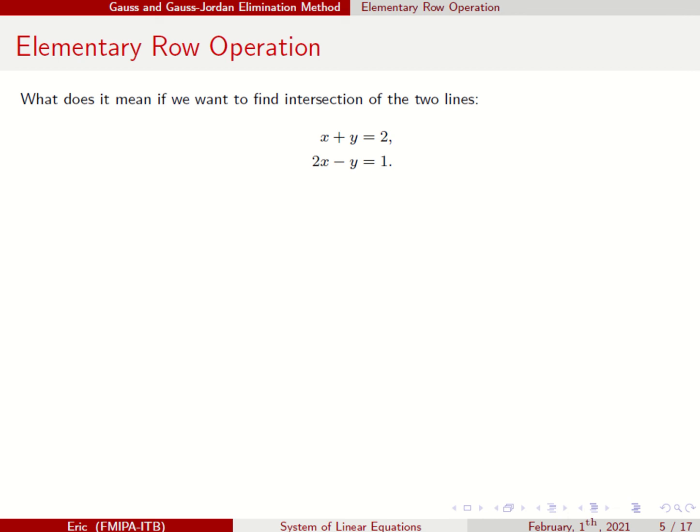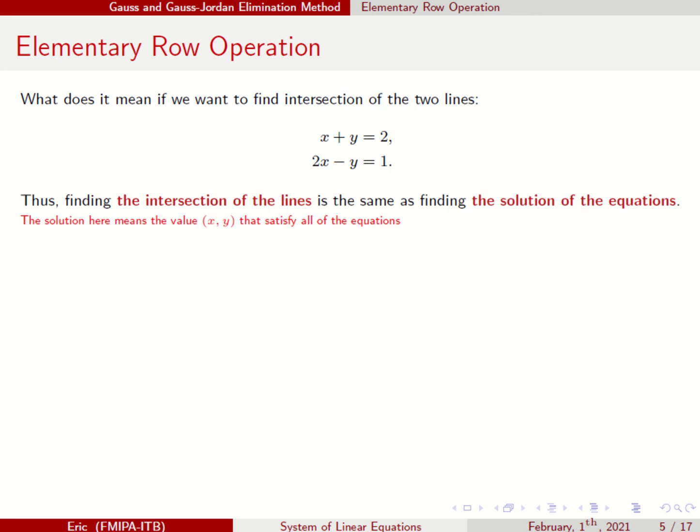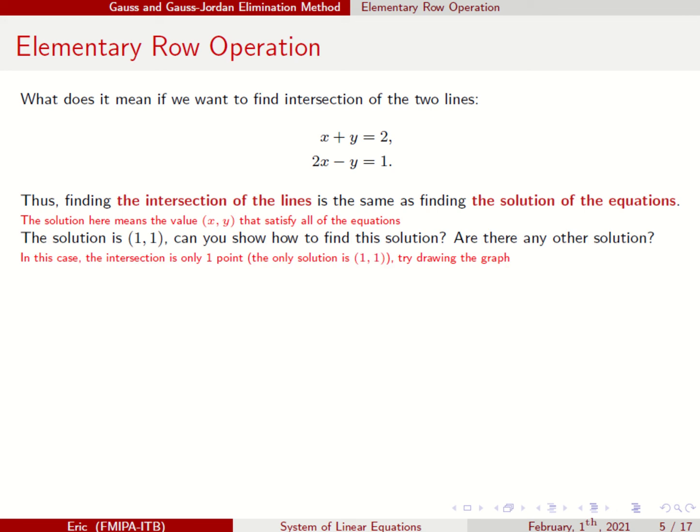You can use lots of methods, but algebraically, to find the intersection of these two lines, I have to find x, y that satisfy the first and the second equation. Finding the intersection is the same as finding the solution of the equations.